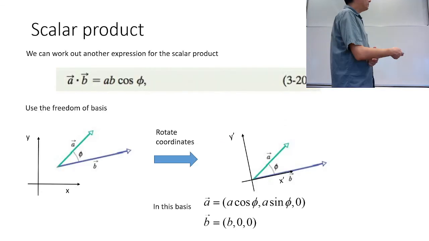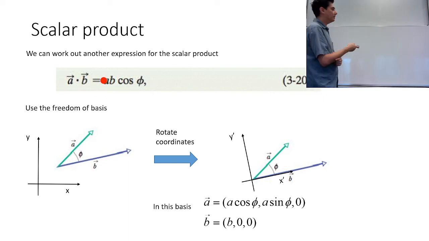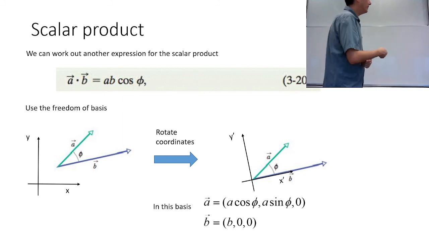And so we worked out that it's possible to rewrite this scalar product as this result: the length of A and the length of B multiplied by the cosine of the angle between them.